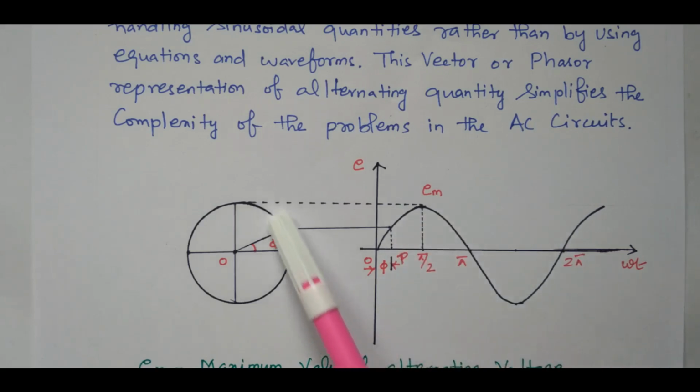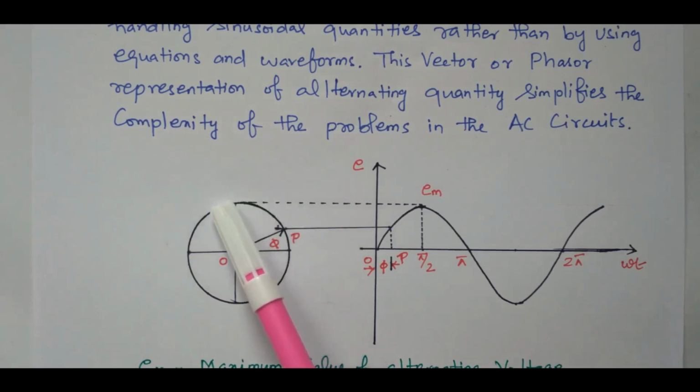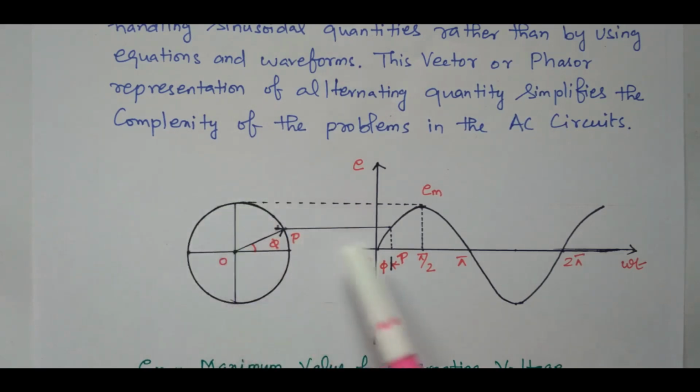So that can be represented as a circle. So this is the point 0, right? Initially it is 0, then keeps on increasing, then keeps on decreasing. This is equivalent to the positive half cycle. Again it is increasing in the opposite direction, then decreasing. This can be treated as a negative half cycle.